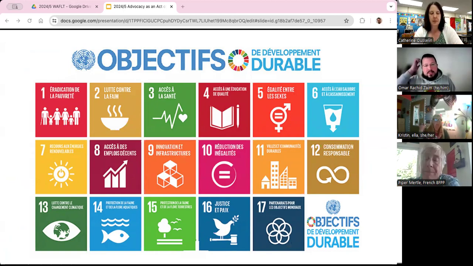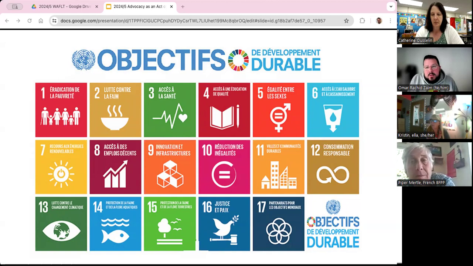Especially in the way that they offer authentic resources in the 6 official languages of the UN. So if your language is one of the 6 official languages of the UN, you can find information on all of these Sustainable Development Goals in the 6 different languages.